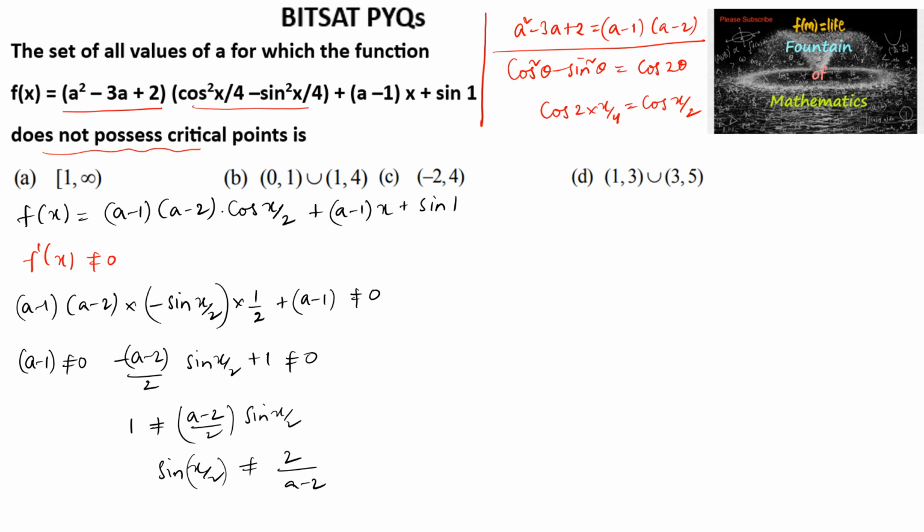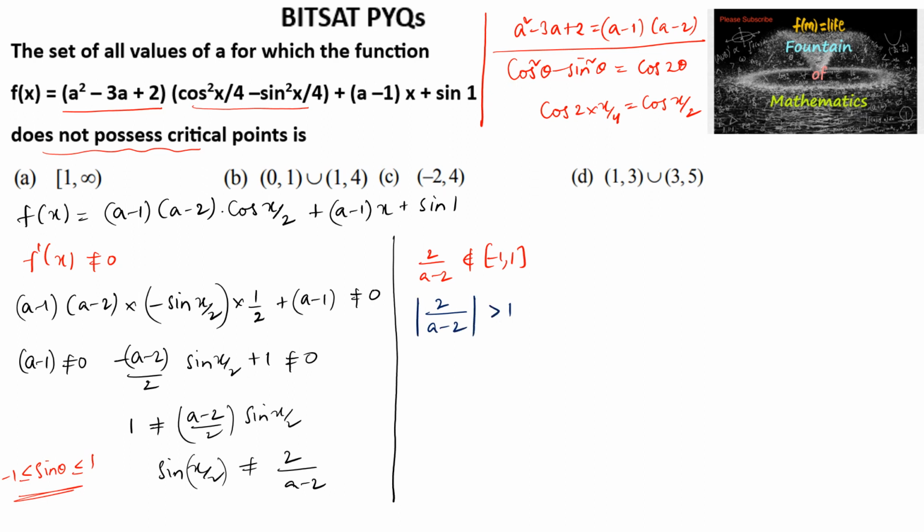Means the sin value cannot be equal to 2/(a − 2), which means this 2/(a − 2) must be above +1 or below −1, since sin θ lies between −1 and +1. So we can say 2/(a − 2) does not belong to [−1, 1]. So we can say simply that |2/(a − 2)| must be greater than 1.